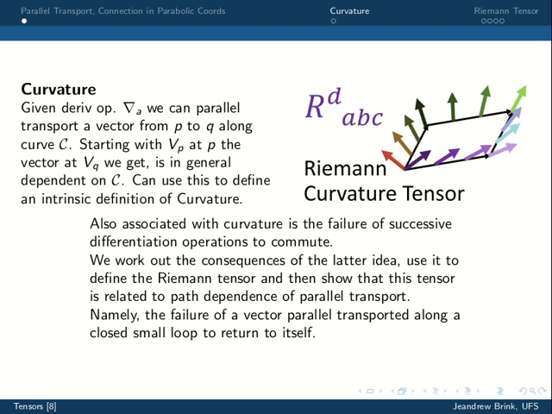If you choose a different loop, you might have a different mismatch. Those are curves; what you are transporting is a vector. A geodesic is a specific type of curve where its tangent vector is parallel transported with respect to itself. So it's a very special set of curves in your manifold.